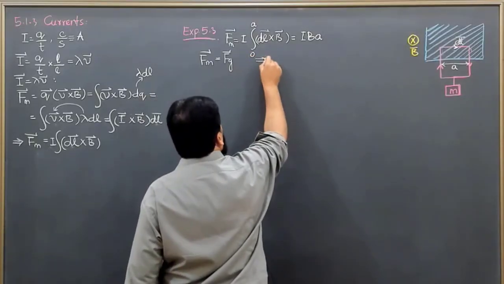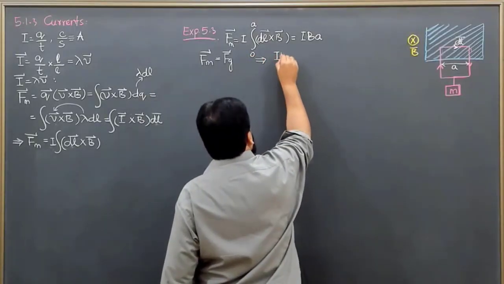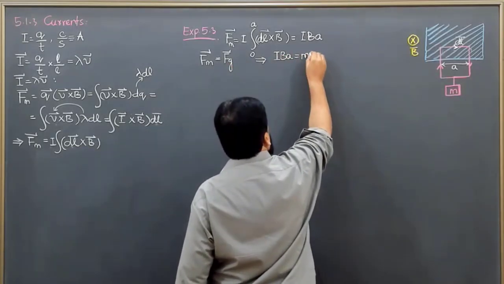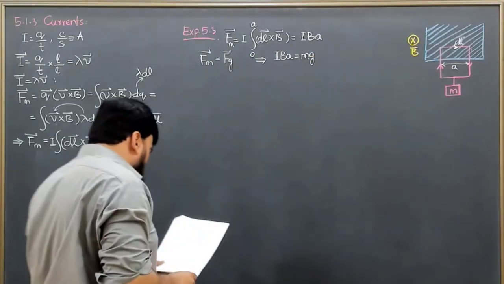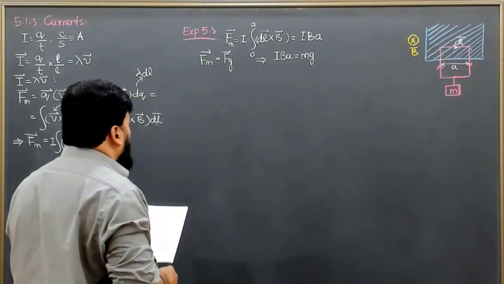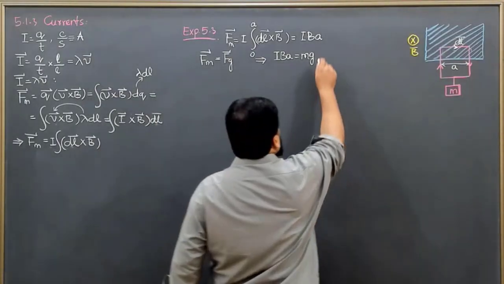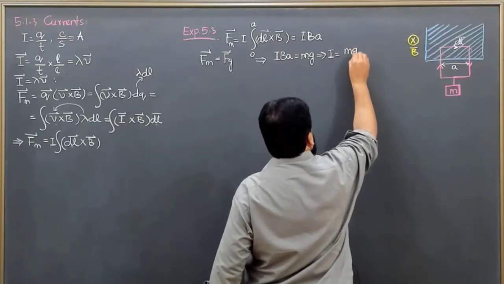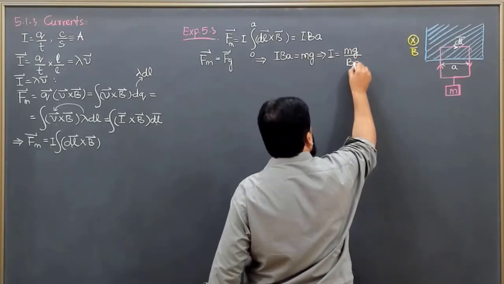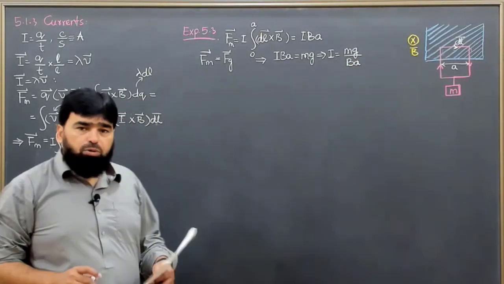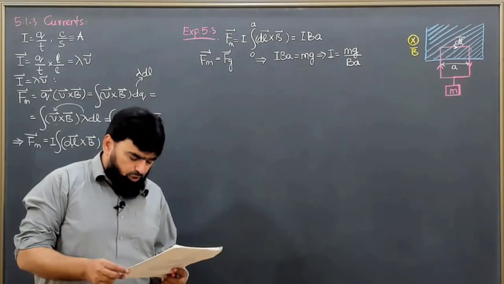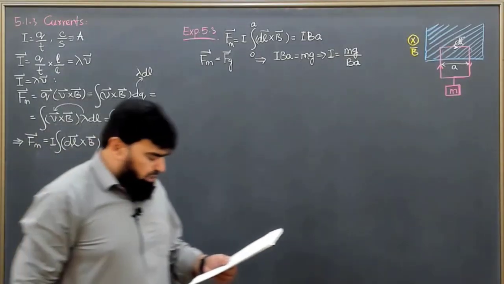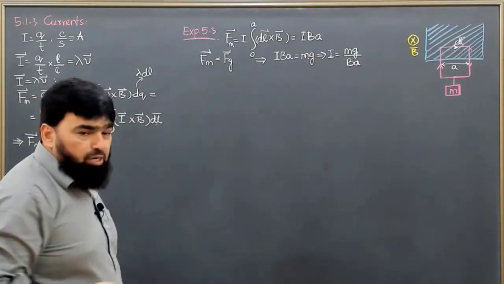This implies that IBa is equal to mg. And from here I can write that current is equal to mg over Ba. So the value of current will be this much, and the weight just hangs there, suspended in mid-air.